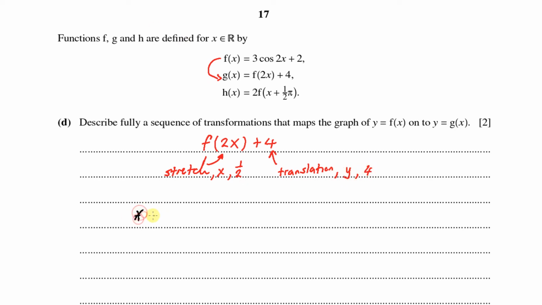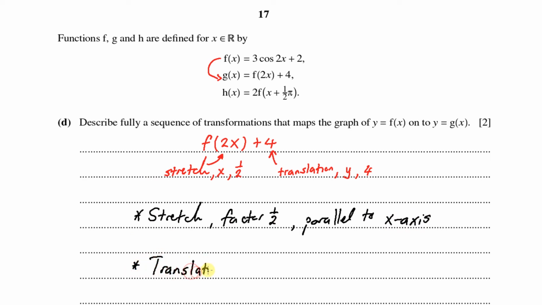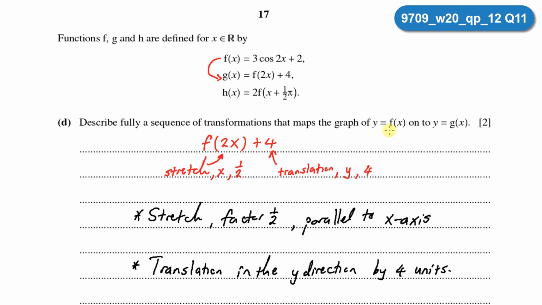First transformation is a stretch of factor a half, and that's parallel to the x-axis. So that's the first transformation, and the second transformation is going to be a translation in the y direction by 4 units. So these are the two transformations for f of x being mapped onto y is equal to g of x.